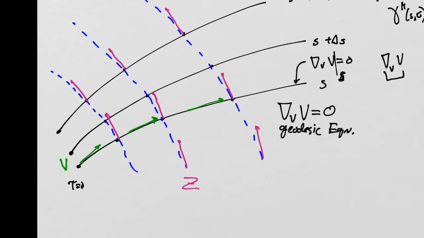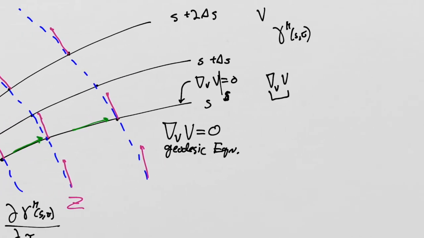It's these green vectors, whose formal definition is going to be partial gamma mu of s and t, partial tau, right? Partial tau. So s is obviously held constant in that condition.